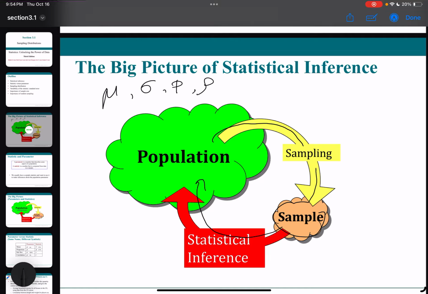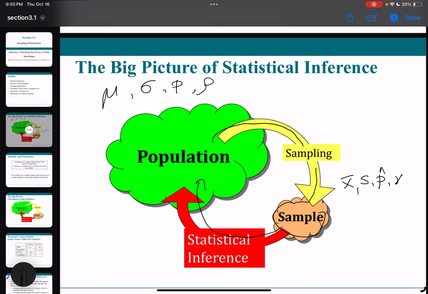For the same measurements in the sample, we use different notations: for the mean, x bar; for the standard deviation, simple s; for the sample proportion, p hat; and for the correlation, simple r.